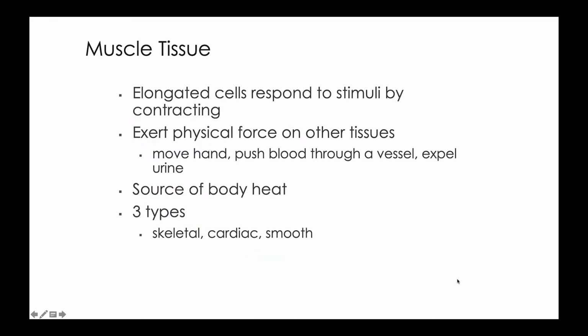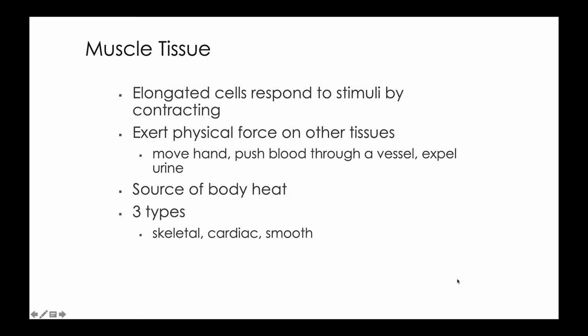Now, muscle tissue are elongated cells that are responding to stimuli, usually from a neuron, by contracting, so getting shorter. They're exerting some kind of force on another tissue. When we want to move, that muscle is contracting.